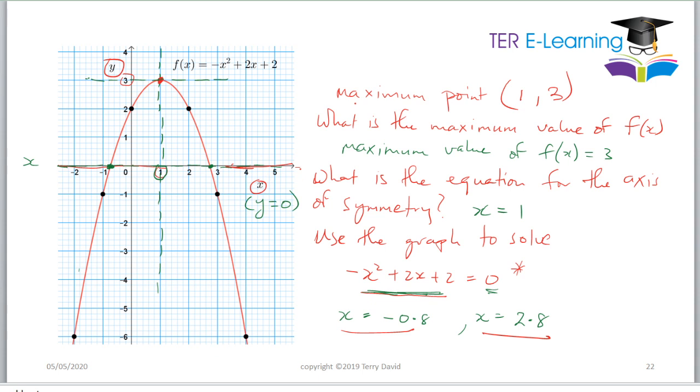And the last thing we looked at is how to solve a quadratic using the graph. Solving a quadratic using a graph, we essentially need to determine where the graph cuts my x-axis.